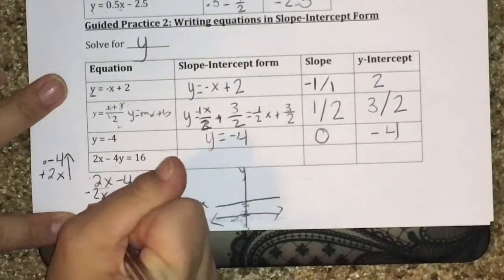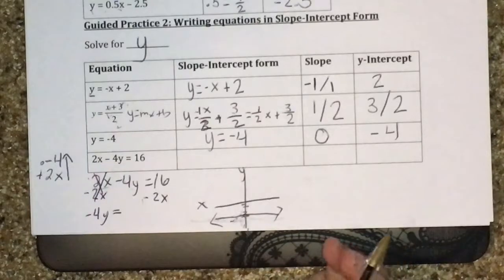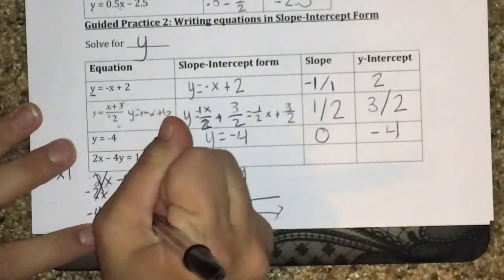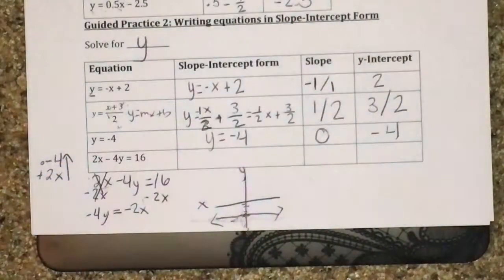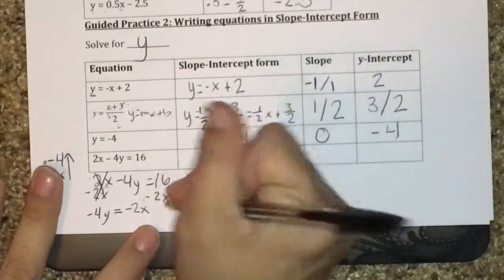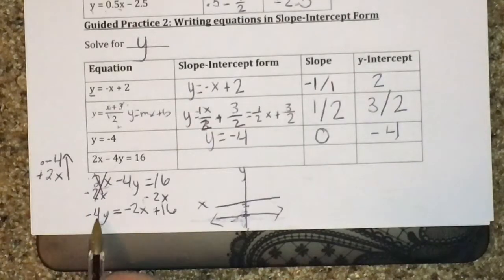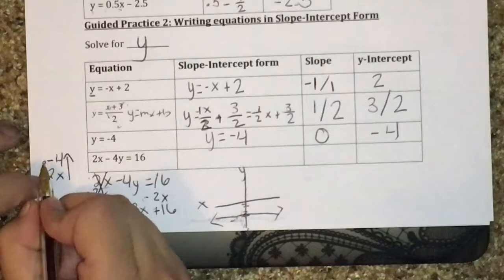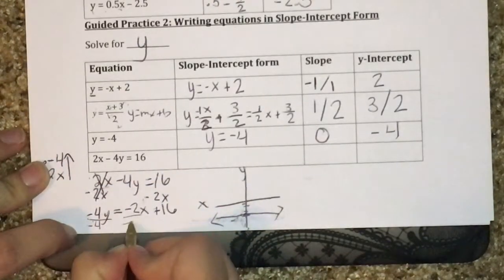And I get -4y, because these cancel, equals, now it's important here that I put the x value first, because it's going to be helpful when getting this into slope-intercept form. And this 16 is positive, so it's just going to be plus 16. Then, -4 times y. So how do we get rid of something that's being multiplied by -4? We divide everything by -4.